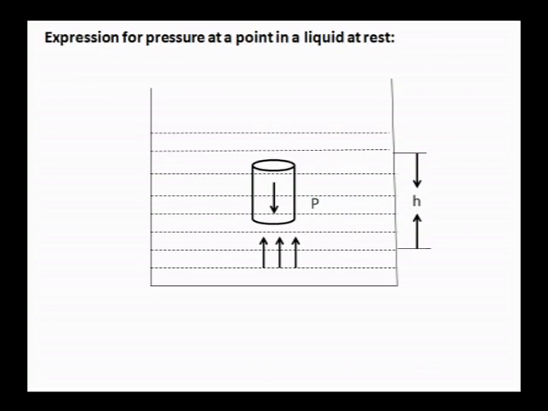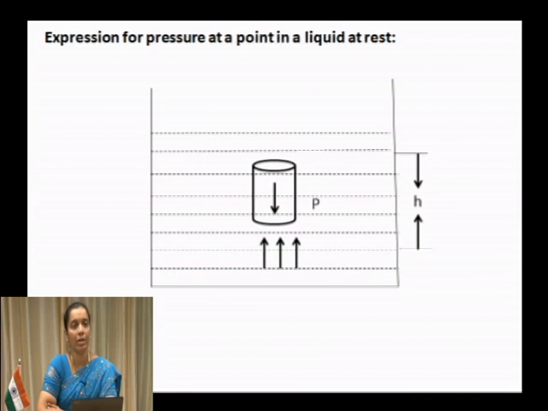Next, let us derive an expression to calculate the pressure at a point in a liquid which is at rest. Here we have taken some liquid of density d kg per meter cube in a beaker, and we have immersed a pipe.